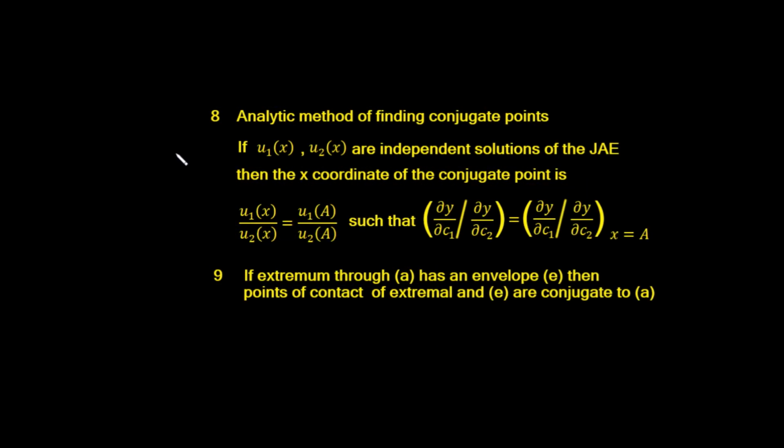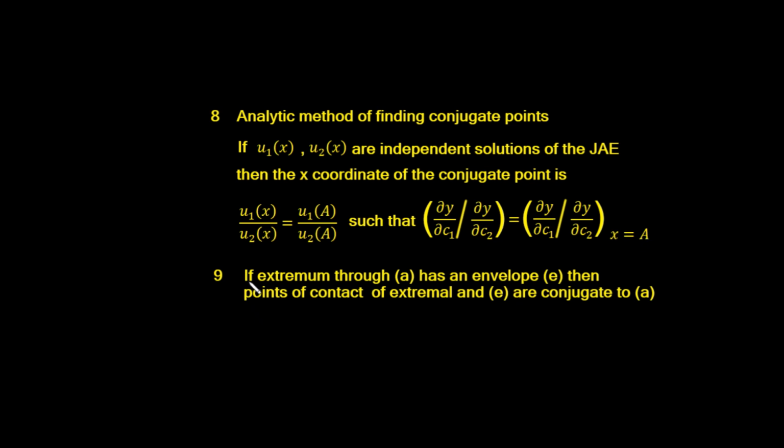We then looked at an analytic method of finding the x coordinates of the conjugate points. If u1 of x and u2 of x are independent solutions of the Jacobi accessory equation, then the x coordinates of the conjugate points are given by u1 of x divided by u2 of x is equal to u1 of a upon u2 of a, such that we can write partial y by partial c1 divided by partial y by partial c2 is equal to partial y by partial c1 divided by partial y by partial c2 at point x equals a.